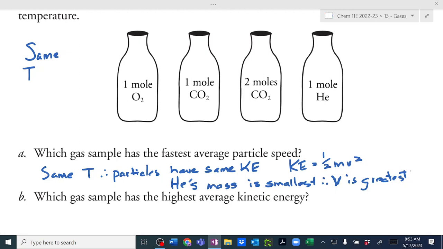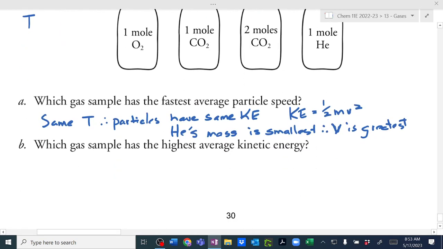Which sample has the highest average kinetic energy? Yes, all the same. I think it has to be like no, because it's the average kinetic energy.